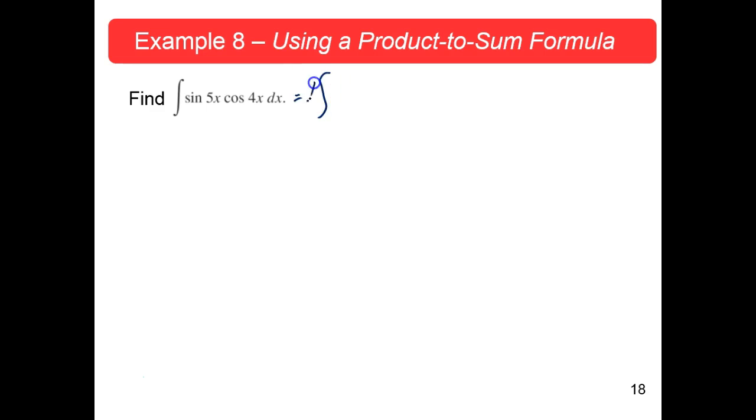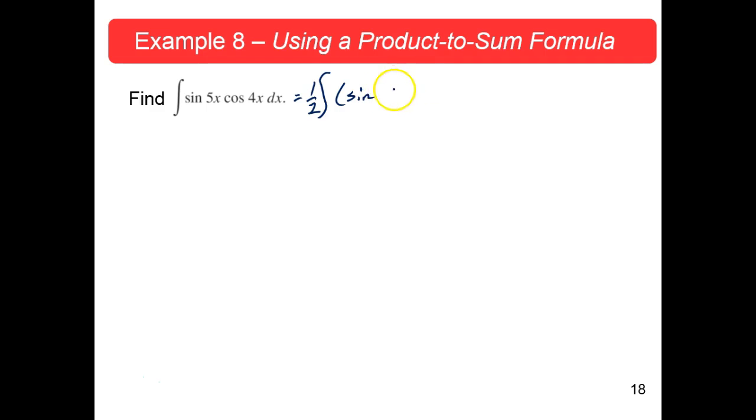Well, you have the 1/2. So let's pull the 1/2 on the outside of the integral. Then we'll do the integral of the sine of 5x minus 4x. I'm sorry, I almost said it wrong.